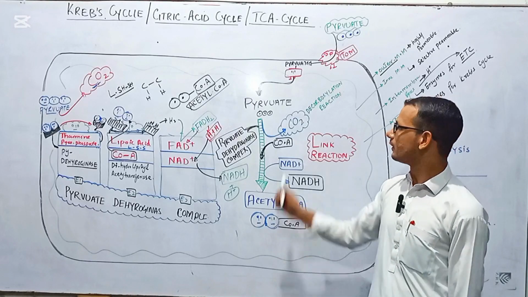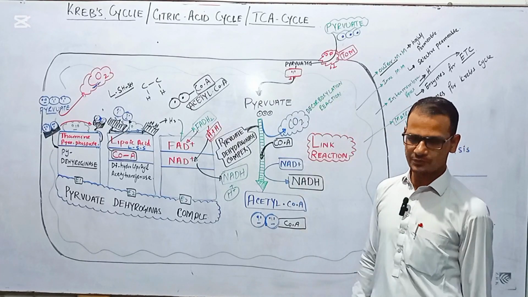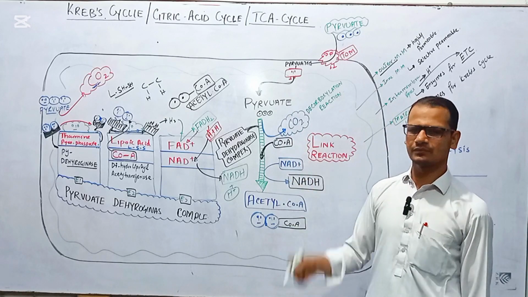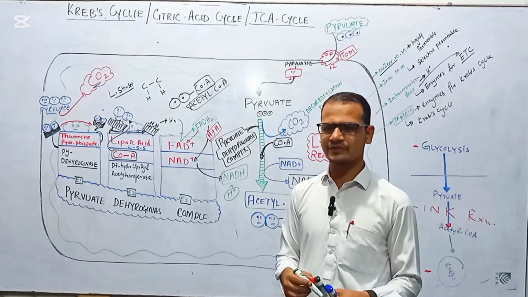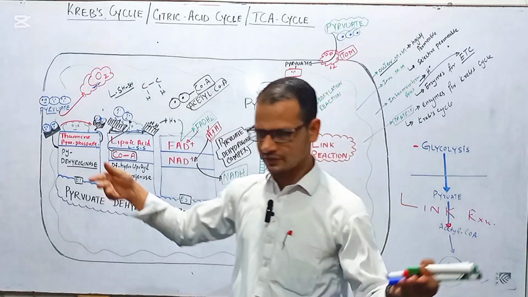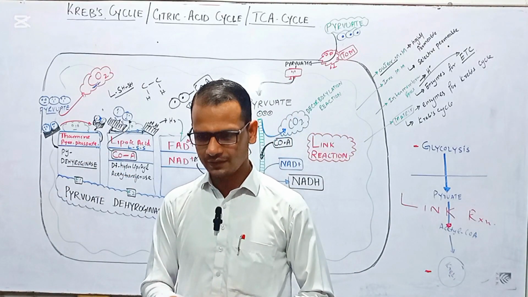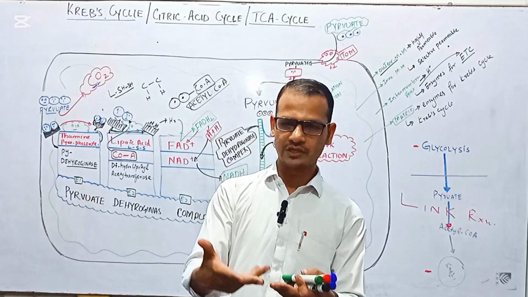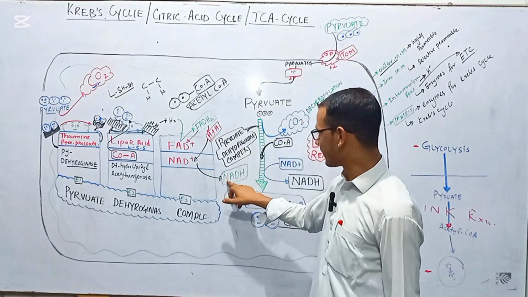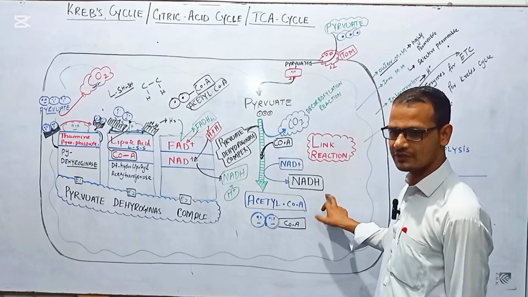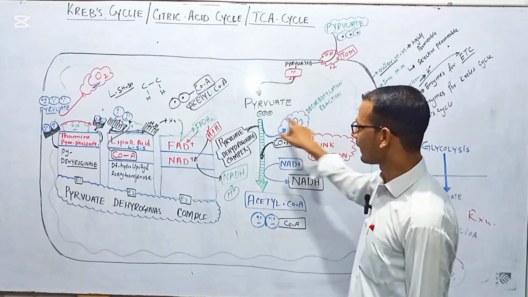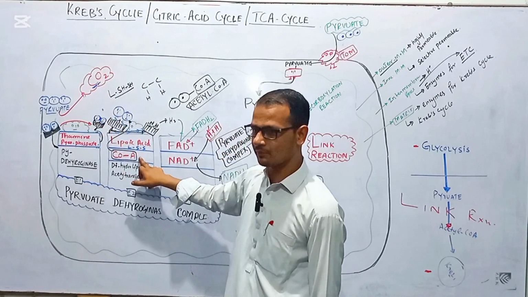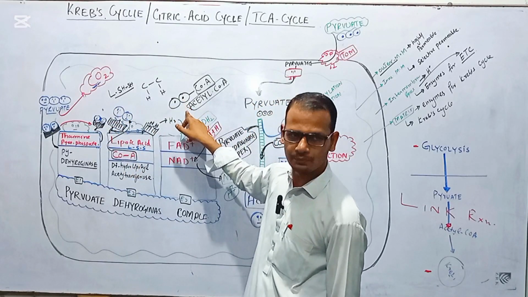One proton will be given to this space, and it will be consumed in other reactions or in other activities, like for example when acetylcholine is going inside the vesicle, the hydrogen ion will be released. So these are the hydrogen which are used for other activities. But this is the NADH which is formed in this reaction. This is the carbon dioxide which is formed in this reaction, right? And this is the coenzyme A which is added to the acetyl group, right?